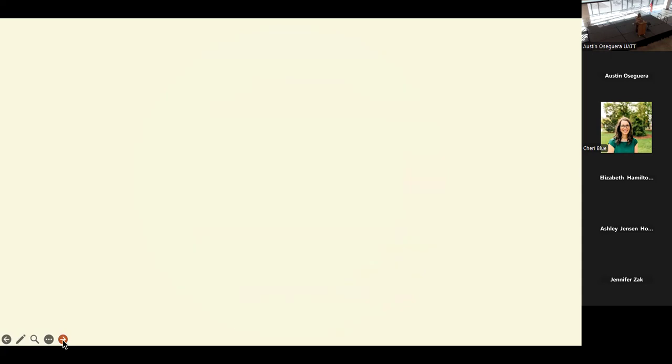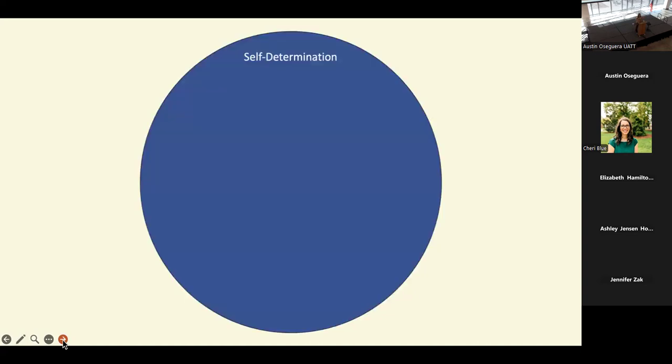But I really think, both within the context of AAC and when we're thinking about planning, this is for all of our kiddos, but really for our Gestalt language processors, we really need to start here with the self-determination piece. And that's a part of being that communication detective: what is important to these communicators.